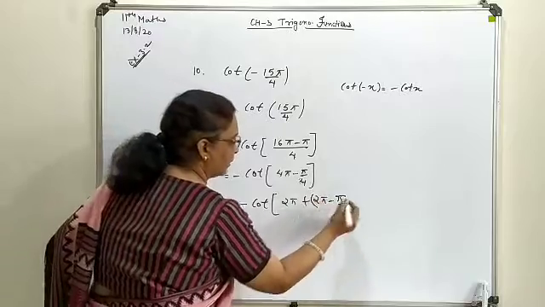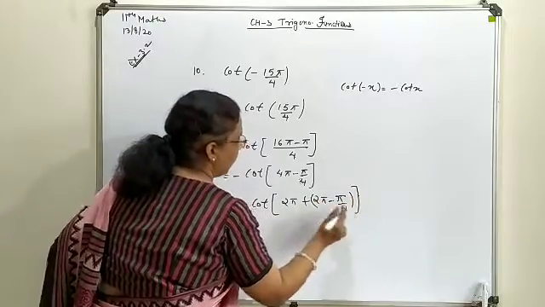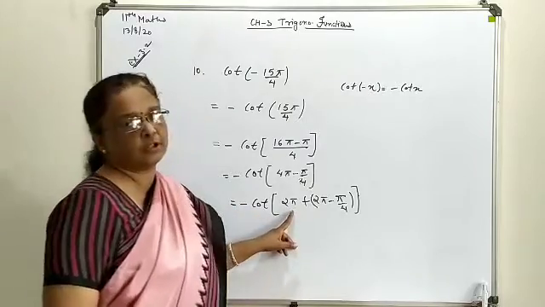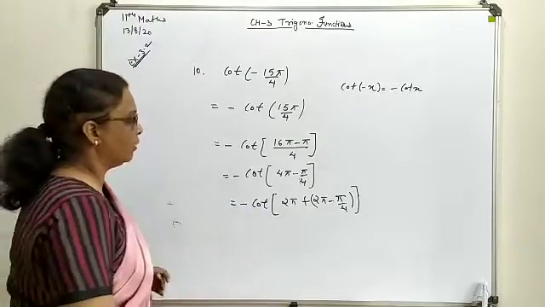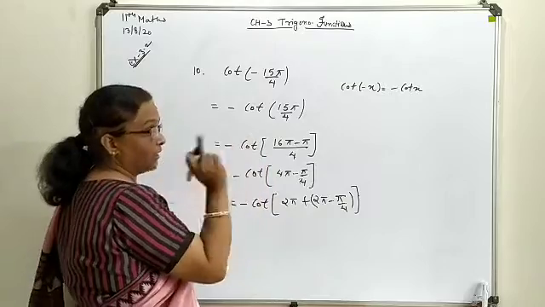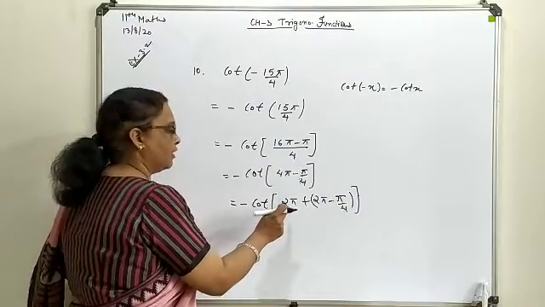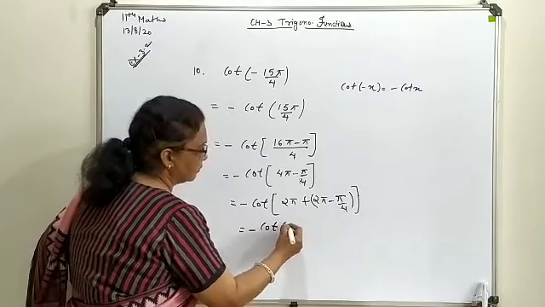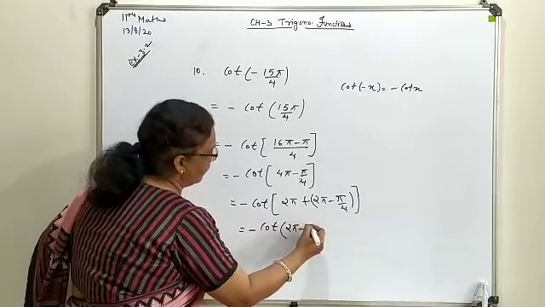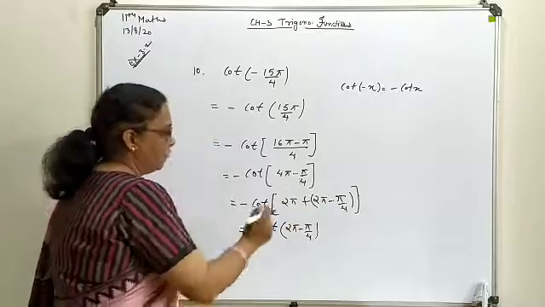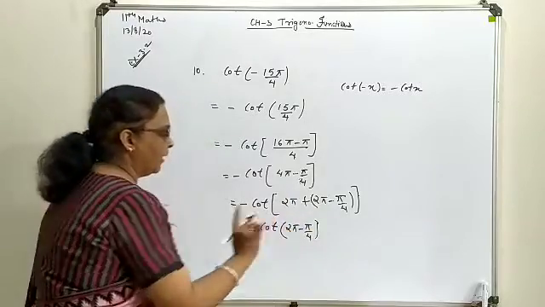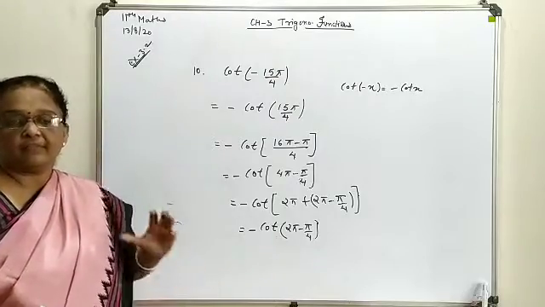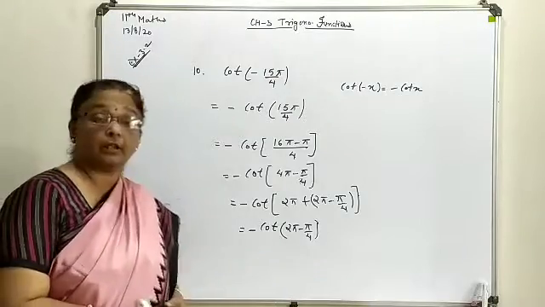This bracket is compulsory to make sure it is a subtraction from 2 pi, and the remaining even and odd combination you write over here. Further, 2 pi means one cycle we are completing. So this will give you minus cot of 2 pi minus pi by 4. Where are you, what is the angle position in a quadrant?